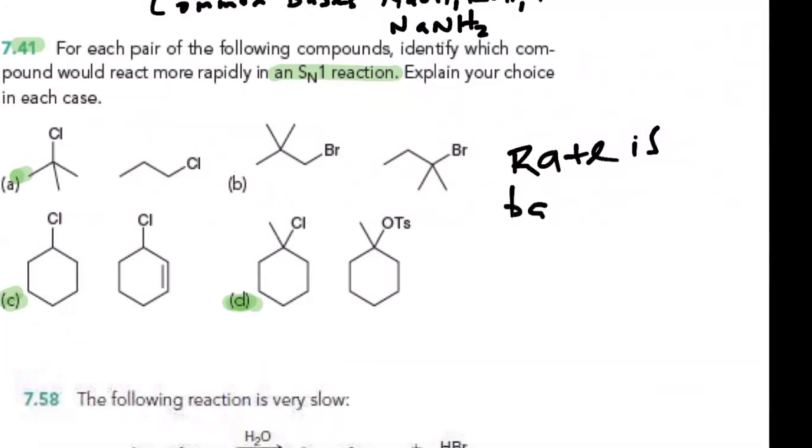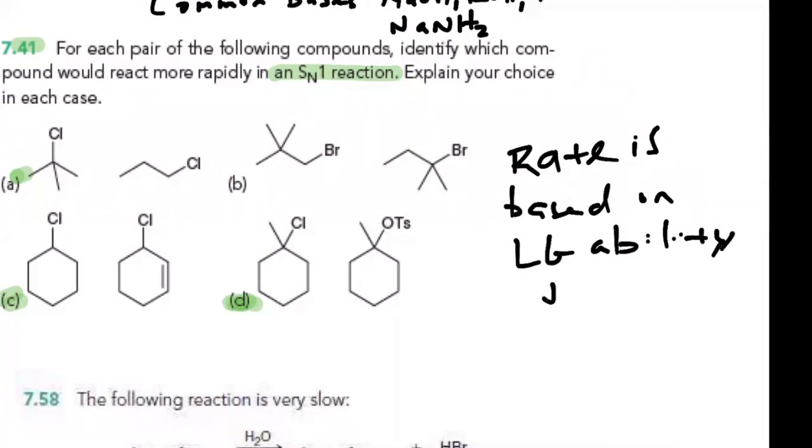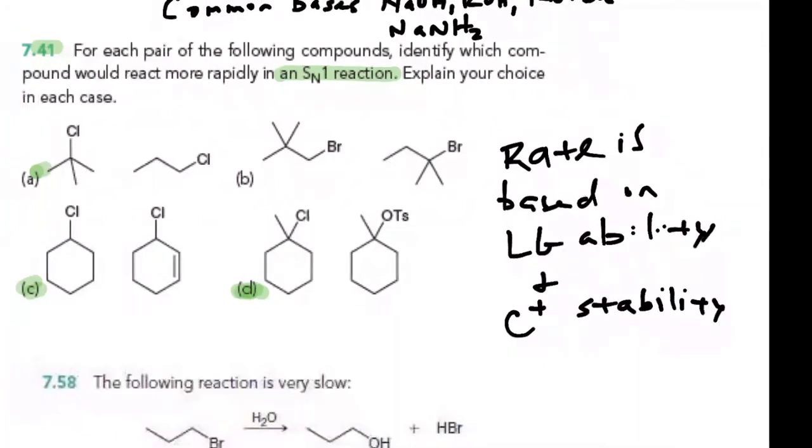So your rate is based on leaving group ability, which is based on the pKa of the conjugate acid, and carbocation stability. Right. So with those two things in mind, if you look at A, which one of those do you think is going to be faster? And why?